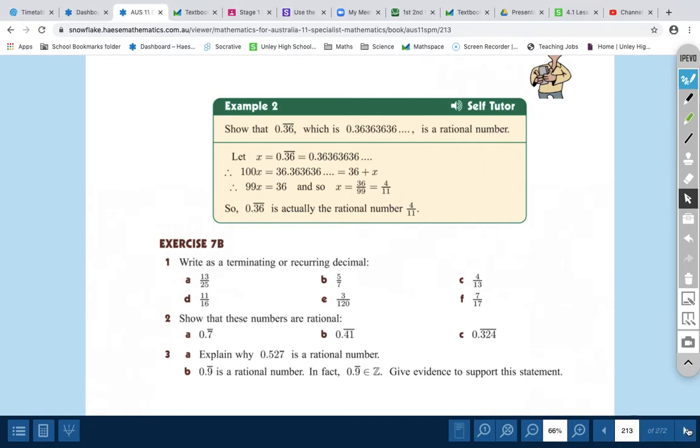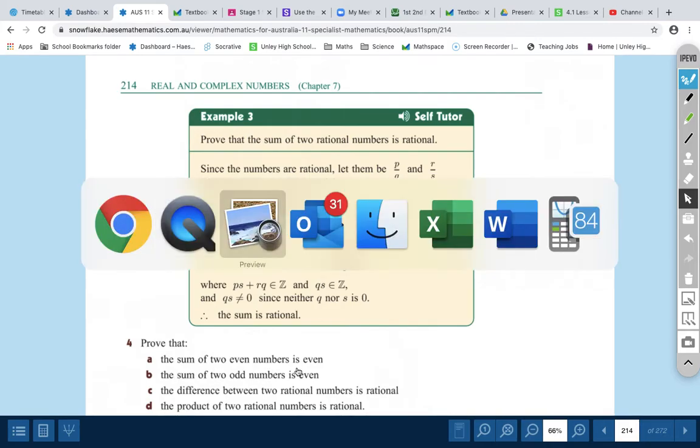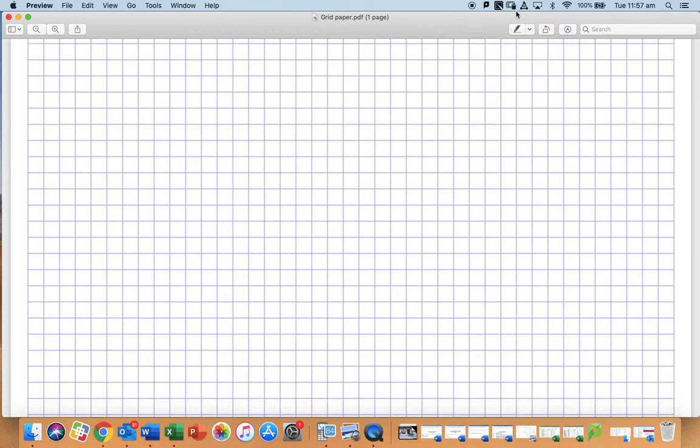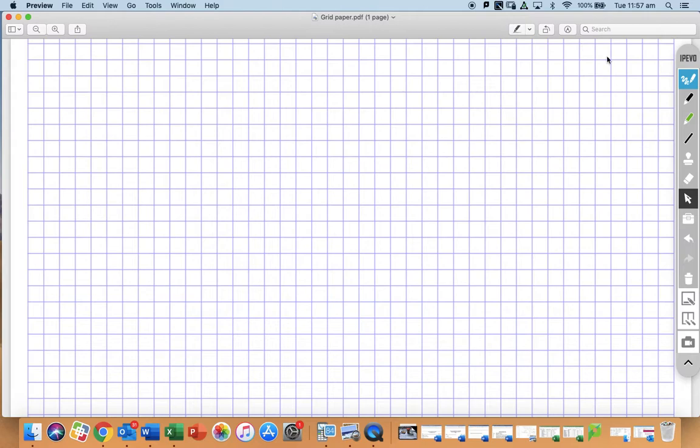Next, question 4, it's over the page. Prove that the sum of two even numbers is even, and then we've got to prove the sum of two odd numbers is even. Now to do this, we need a little formula for even numbers and odd numbers.